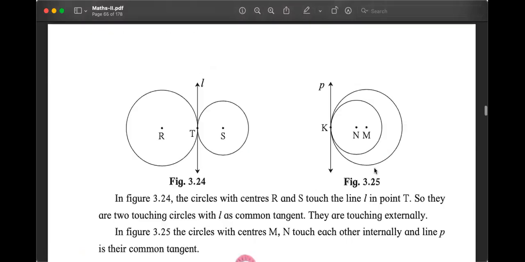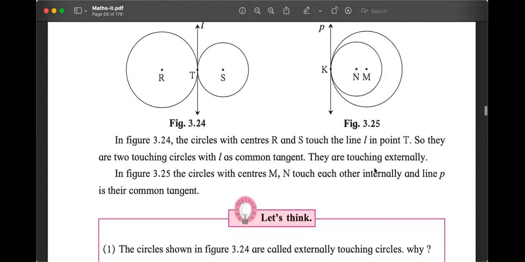From here, we also understood how the lengths of the radii of the 2 circles are related to the distance between the 2 centers. Here RS will be equal to RT plus TS, because R, T and S are on the same line. Similarly, on the right hand side, when the circles are touching each other internally, the distance between the 2 centers, MN, will be KM minus KN.